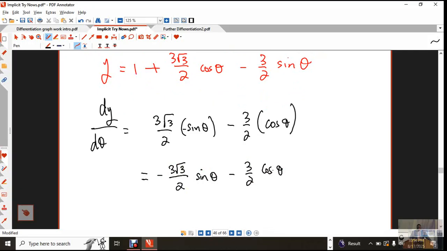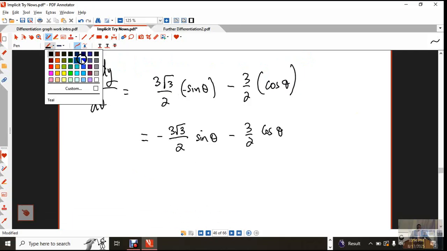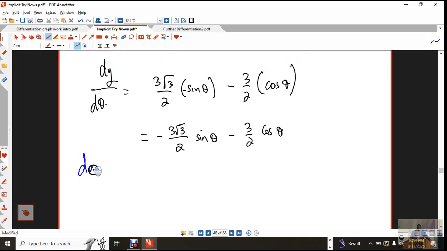Now remember, ultimately, the name of the game here is to use the chain rule. The chain rule says dy dx is equal to dy d theta times d theta dx.